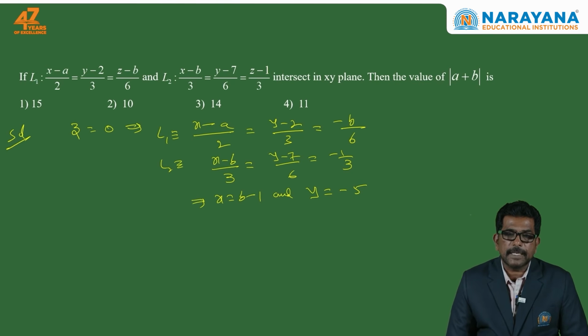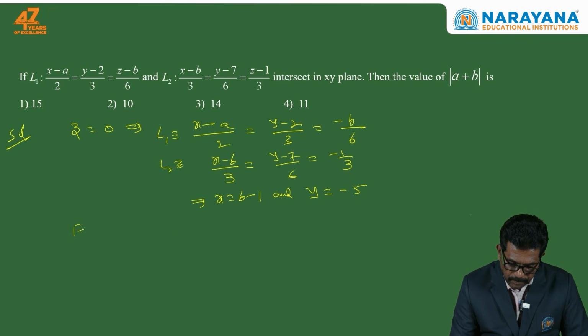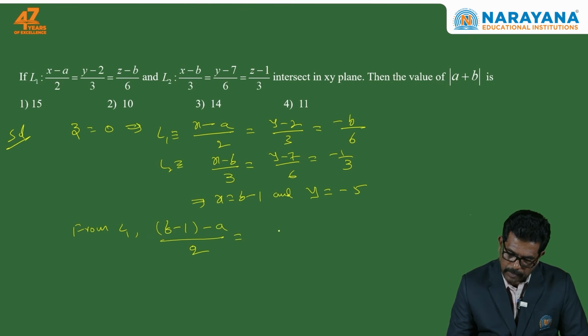The two lines are intersecting, hence these can be substituted in the first line. By substituting in the first line from L1, x is replaced with b minus 1 minus a by 2 is equal to y is minus 5 minus 2 by 3 is equal to minus b by 6.